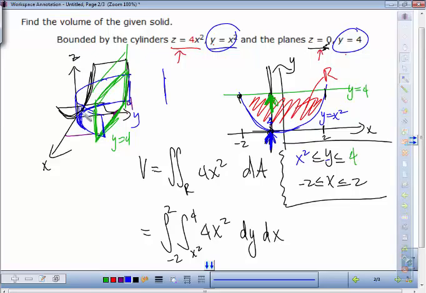Now, the blue graph kind of provides the boundary and the green graph over here will provide the shape.